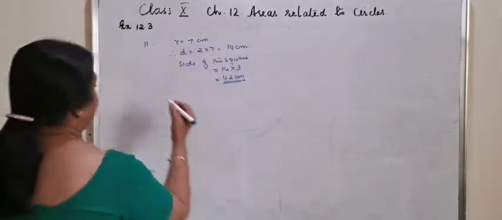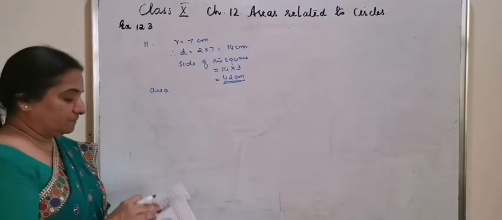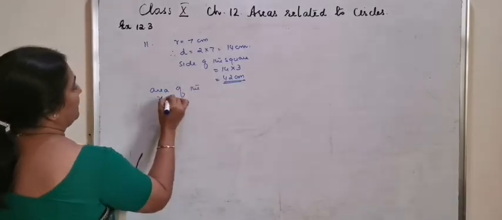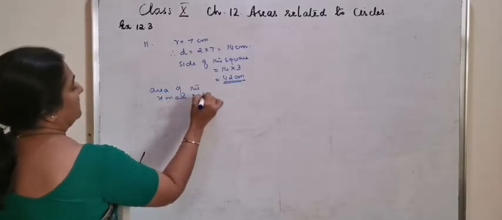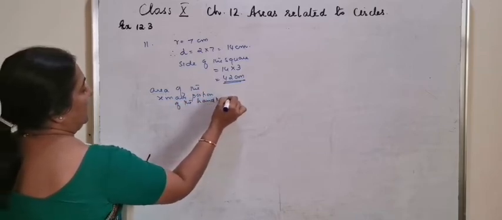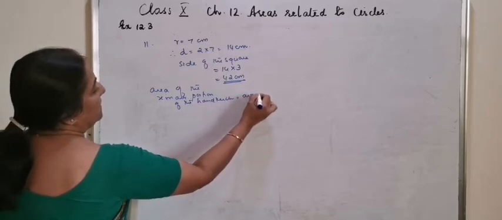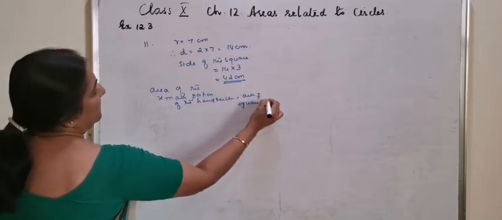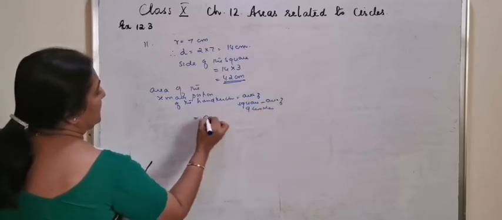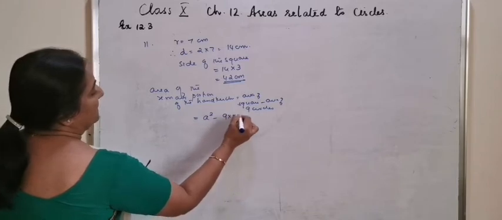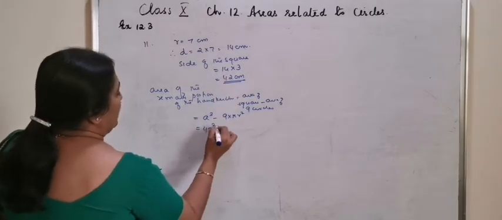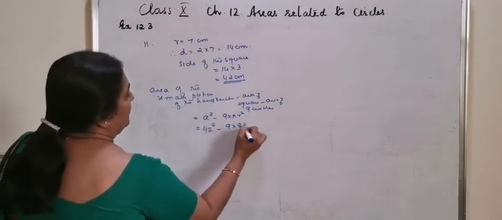9 circles. Area of the remaining portion of the handkerchief is equal to area of square minus area of 9 circles, which is equal to a square minus 9 times pi r square, or 42 square minus 9 into 22 by 7.